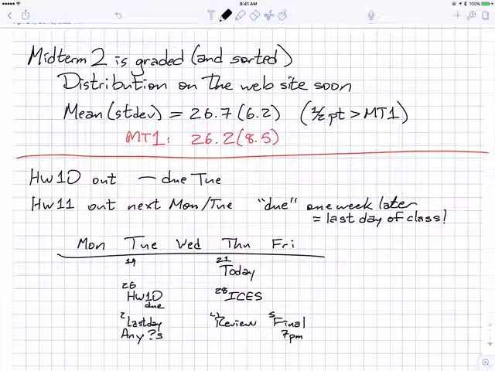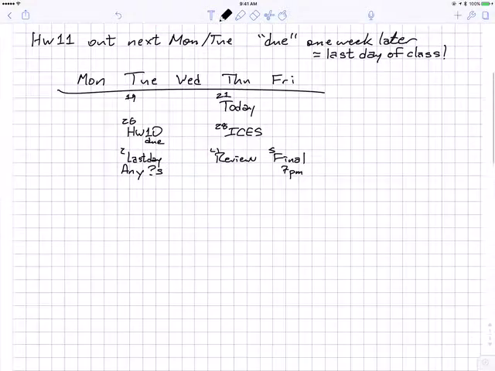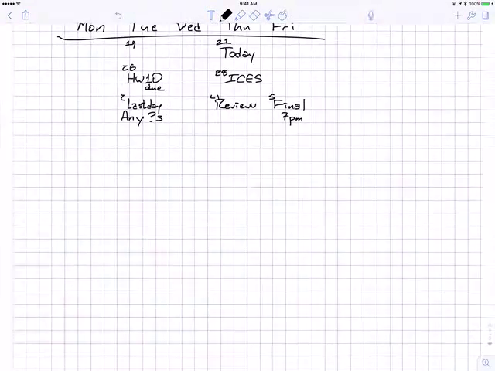So you should think of homework 11 as a set of practice problems, possibly leading into the final, but there simply isn't time between the Tuesday that it would be due to get it back to you before the final exam. So we're not actually expecting to grade it, and that also necessarily influences the difficulty of the problems that we can ask about the last bit of course material. Okay, so I'll repeat this calendar as we count down to the end of the semester.